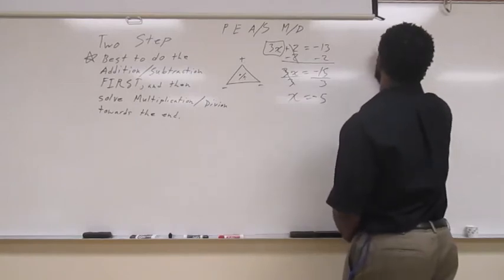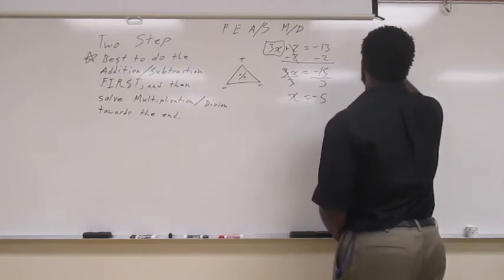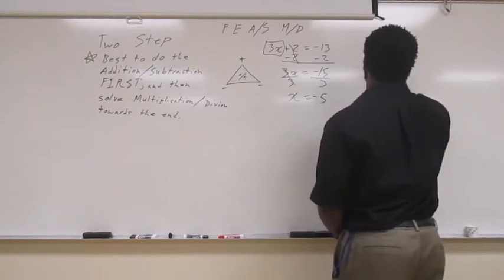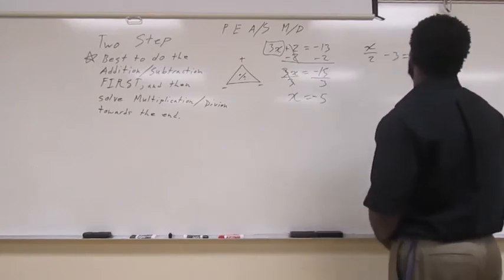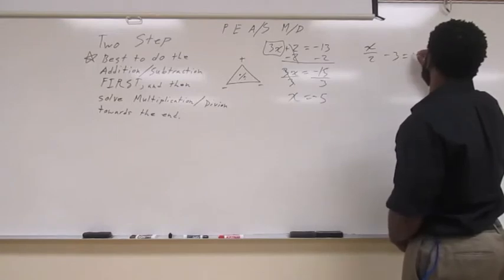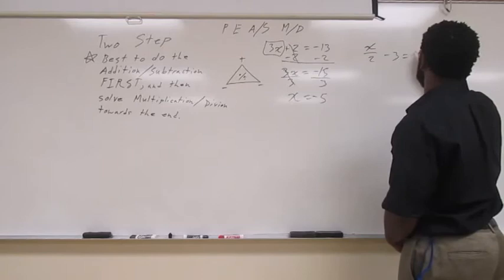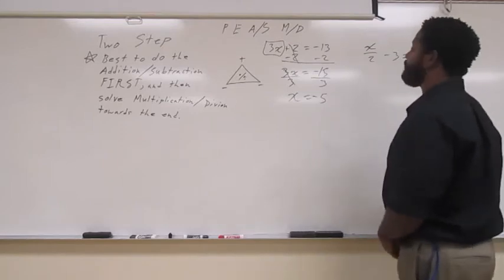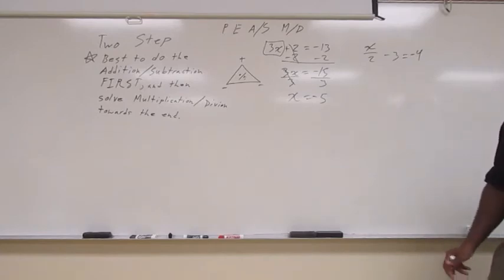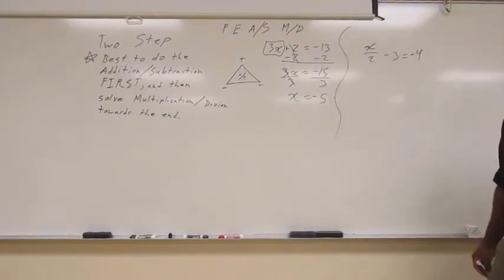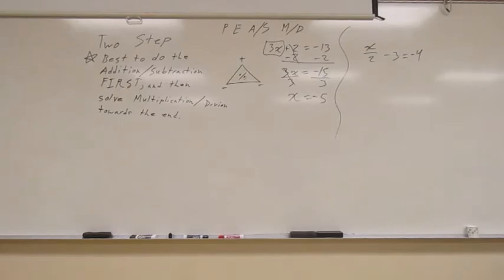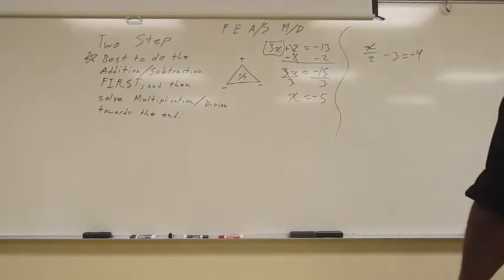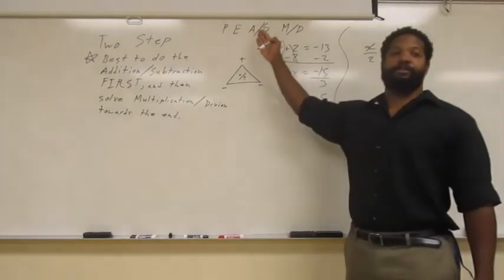You got x over 2 minus 3 equal to -4. Addition, subtraction first.